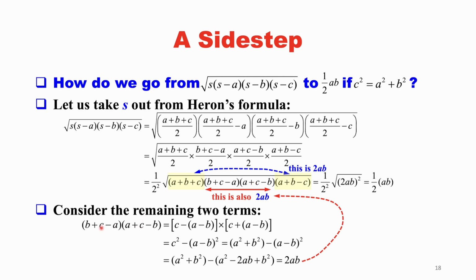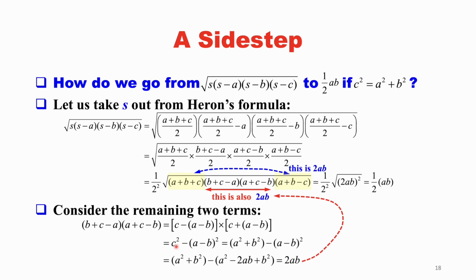Now we see both terms have C with a plus. So we move C to the front. So this one is equal to C minus A minus B. And this one is C plus A minus B. So again, we apply the trick: x minus y times x plus y is equal to x squared minus y squared.